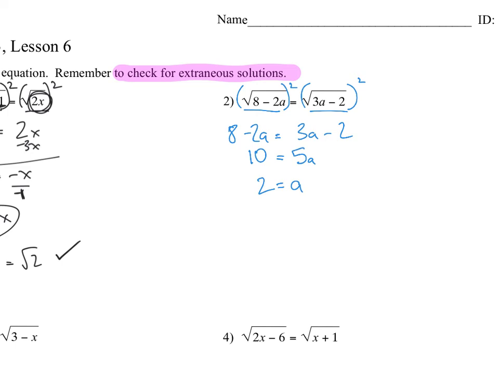Okay, looks like a great answer. Let's make sure it actually works. If I plug 2 in here on the left, I get what, 8 minus 4, the square root of 4, I get 2 on the left. And if I plug 2 in over here, let's see, 3 times 2 is 6, minus 4 is 2, minus 2 is 4, square root of 4 is 2, I get 2 equals 2. So that checks out as well.